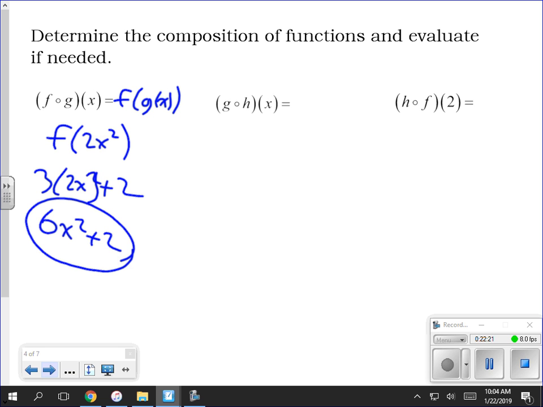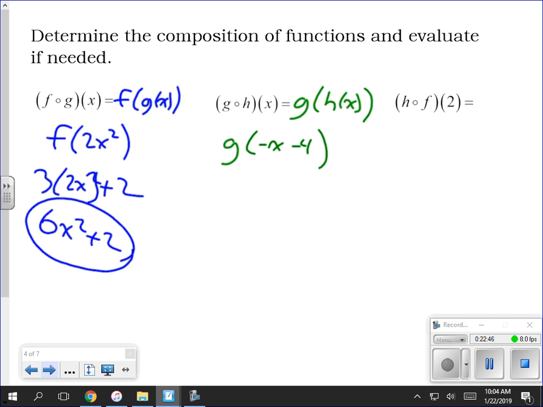Okay, G composed of H of X. That's G of H of X. That's what that means. G composed of H is I'm taking G of H, which means I'm taking G of negative X minus 4.